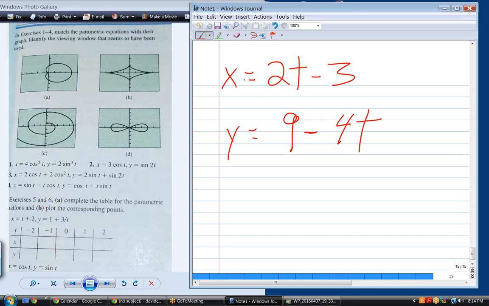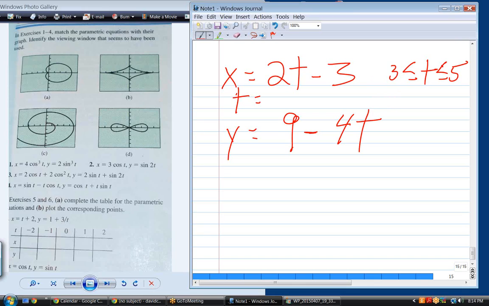So solve the top one for t. What is t equal to in the top? Wait, on mine there's also infinity. Okay. Right, t only goes from 3 to 5. And that's helpful. In other words, if we were making a table, we would only let t be 3, 4, and 5. We wouldn't have to go 0, 1, 2, all of those numbers.